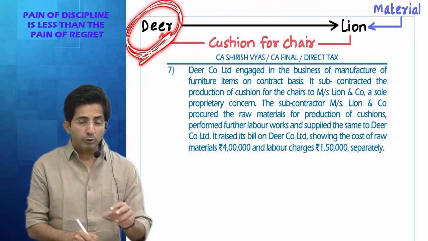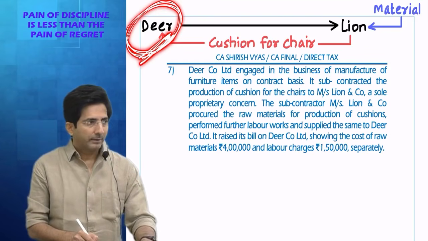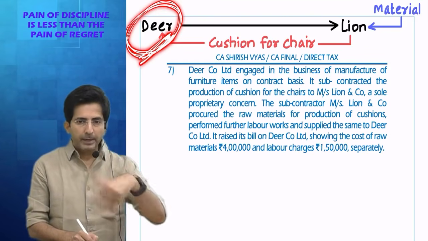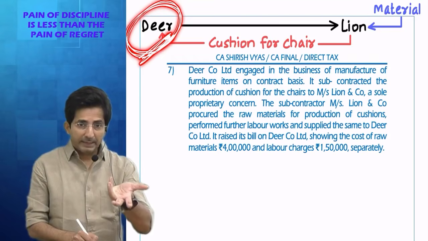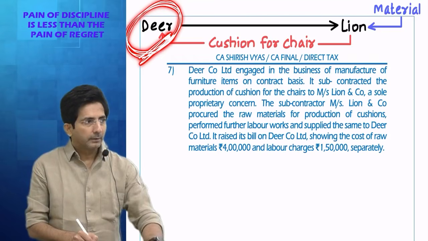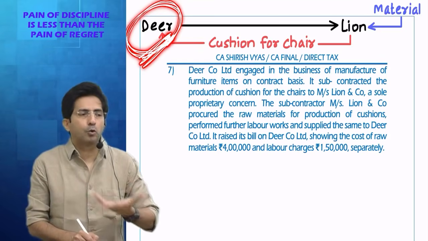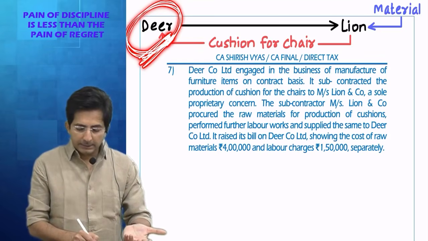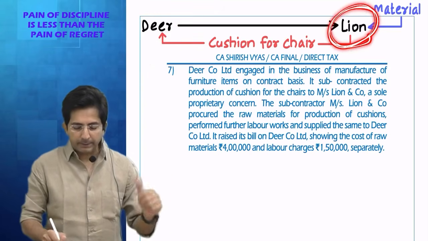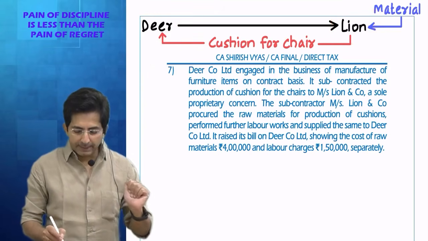But you know, furniture also includes chair. And chair is mainly made up of wood. But in every chair there is a cushion. So that cushion, Deere doesn't manufacture on its own. It has given the contract to Lion and Company. And what is the job of Lion and Company?